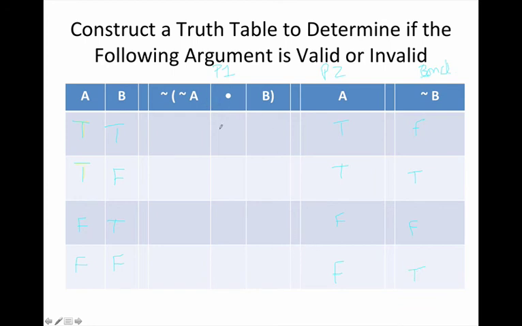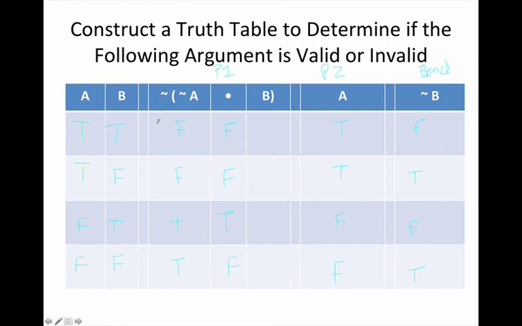Now, this argument is almost the same as the previous one, except now we have a tilde in front of A. So we have to calculate tilde A before we can calculate tilde dot B. So we're going to say false, false, true, true, because the negation of the original values yields FFTT. We know that the dot is true under one and only one circumstance. So we end up with the following.